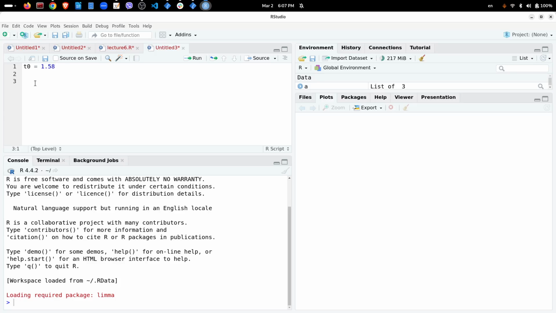I can even actually make up some original values, like the values of the group alpha, let's say that's from a normal distribution. With mean, I don't know how many, let's say 10 values.